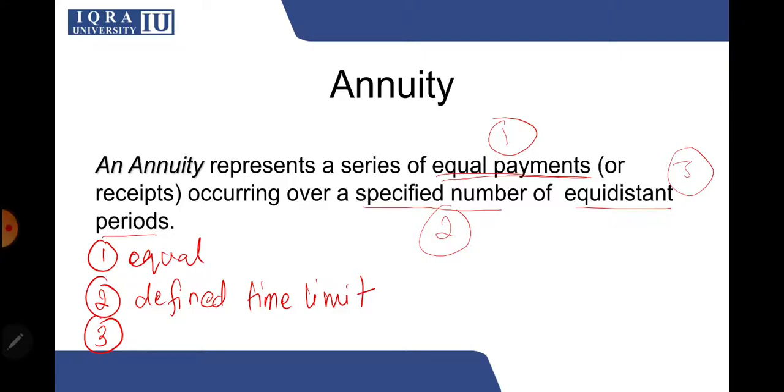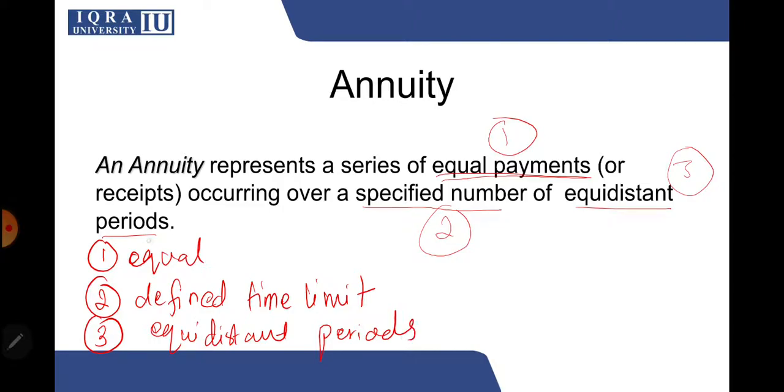So every payment might be coming after 1 year, or it might be coming after every 1 month, or it might be coming after every day. So basically the time interval has to be the same over here. So the third characteristic is that you need equidistant period.